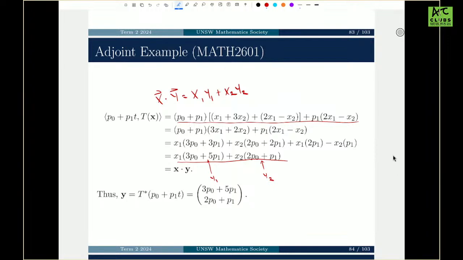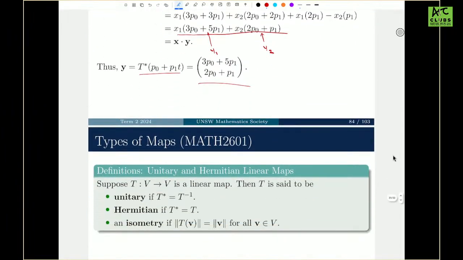So what it's saying is that if you take the adjoint and apply it to p0 plus p1 of t, the corresponding vector that you get is 3p0 plus 5p1, which is y1, and the y2 component is 2p0 plus p1. That's because we know that this inner product is just the standard dot product. So we end up with this formula, and we're done. That's all we have to do. It's very nice.